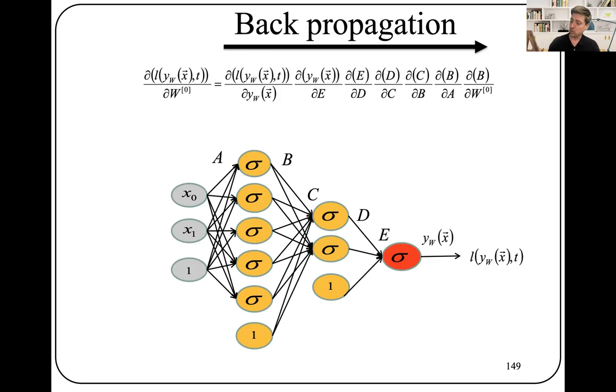So how does it work? Well, the idea is quite simple. We are going to backpropagate the gradient starting from the gradient with respect to the output. And then we're going to use this information to compute the gradient of the loss with respect to E. So notice that this will be used to compute this.